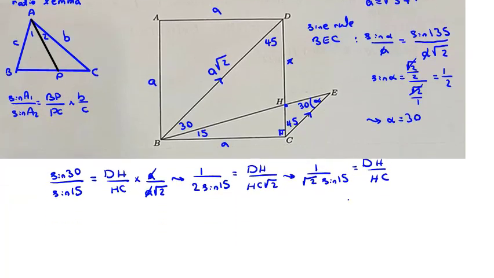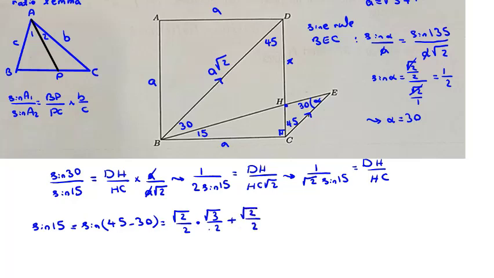Now, if I want to find sine 15, you can say sine 15 equal to sine of 45 minus 30. Sine 45 root 2 over 2 times cos 30, it will be root 3 over 2, and then plus cos 45 root 2 over 2 times sine negative 30, this will be negative 1 over 2. And if we factor out root 2 over 4, it will be root 3 minus 1.